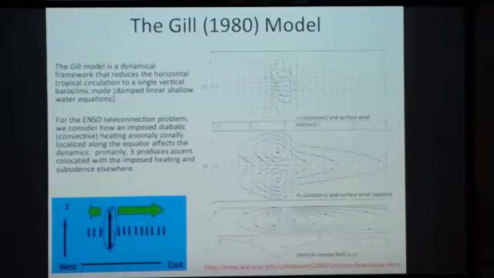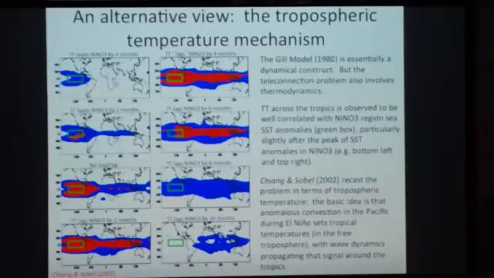So there's nothing really new here per se, but the part that is new came about through some work in the early 2000s. It's probably been cited 500 times, maybe more, a paper by John Chang and Adam Sobel that wanted to recast the problem of the ENSO tropical teleconnection in terms of tropospheric temperature.